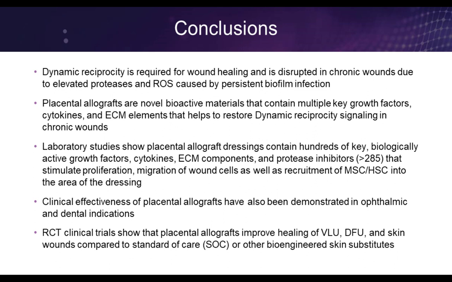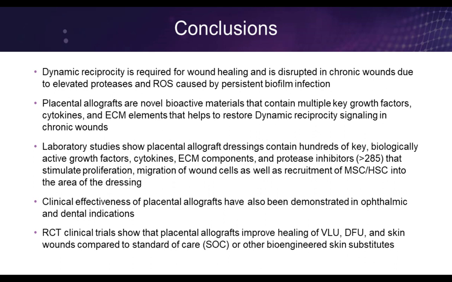And now we appreciate recruitment of mesenchymal stem cells and other angiogenic stem cells into the area of the dressing, and that the clinical effectiveness of these placental allografts has been unequivocally demonstrated not only in other indications like ophthalmic and dental, but more importantly for us in randomized controlled multicenter trials for venous leg ulcers, diabetic foot ulcers, and other types of chronic wounds, where compared to the standard of care or other less active agents, they have a very significant impact on the healing percentage and rate.